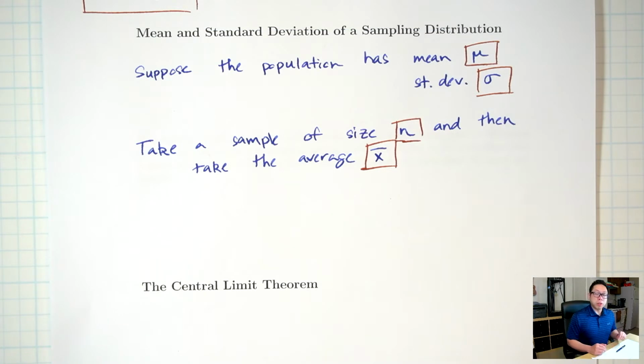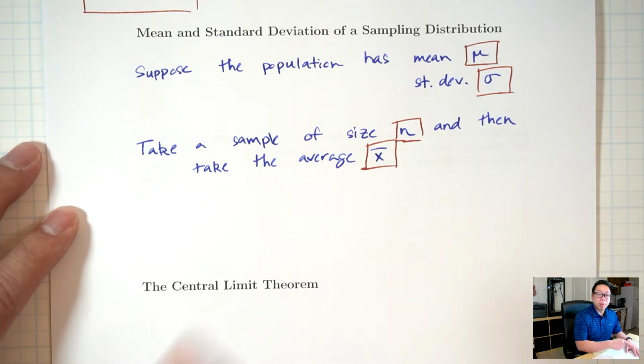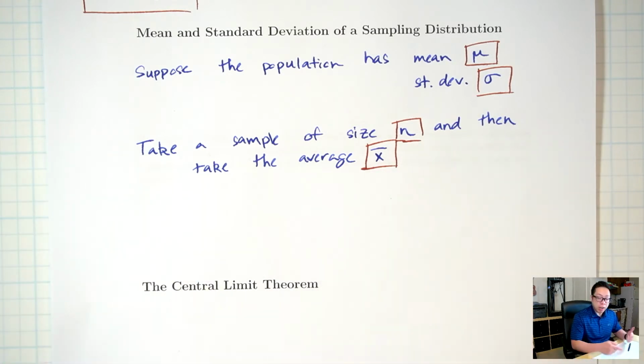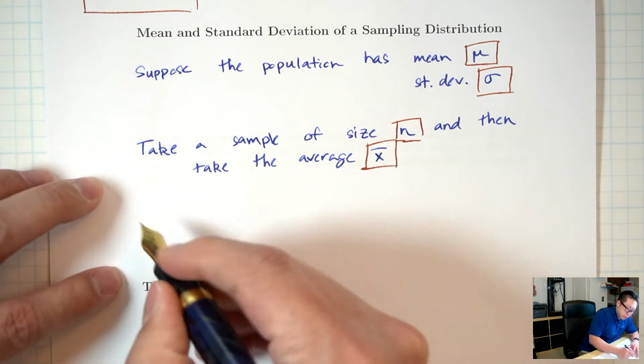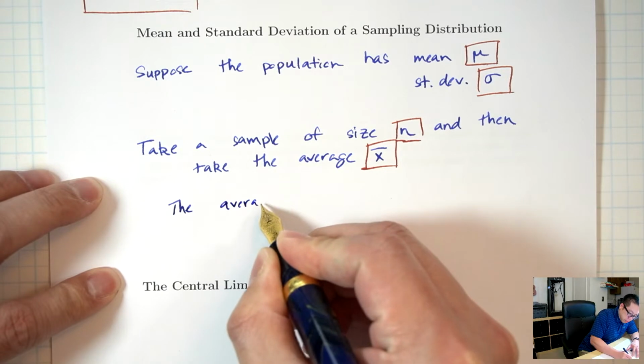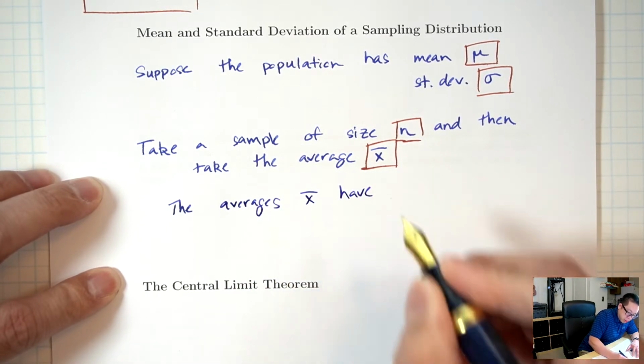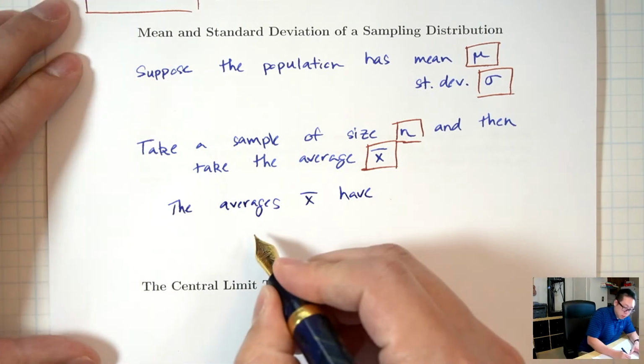Let's record what we just saw. When we take a sample of size n, so when we pick n random people, find their average, and then record the average, these averages have mean.